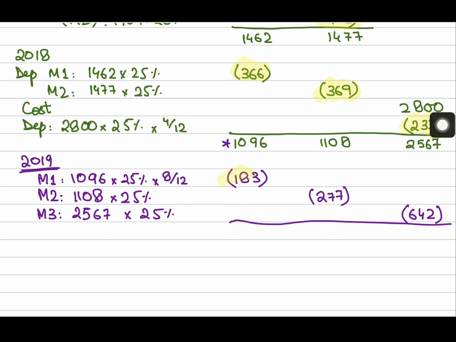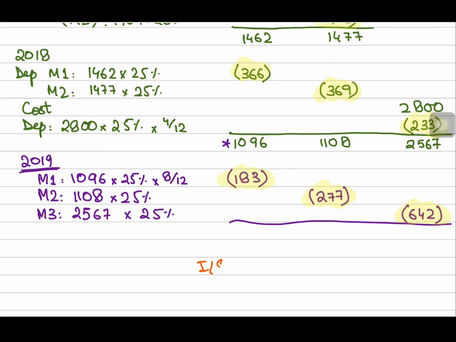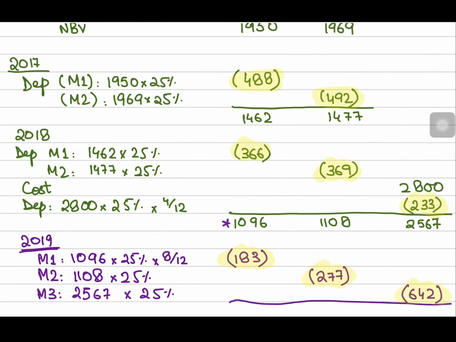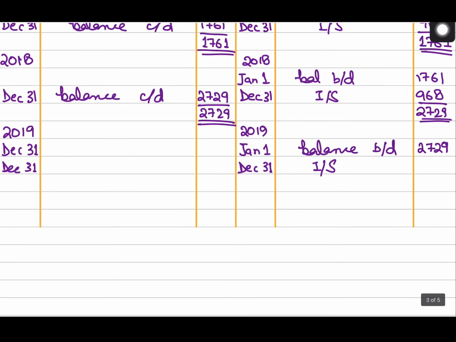So these three, 183, 277 and 642, will go in my income statement for the current year depreciation. Right? How much? 183 plus 277 plus 642, and that would be 1102. This is my current year depreciation charge. Okay, so income statement debited with this figure and my provision for depreciation account credited with the same figure as well, 1102.